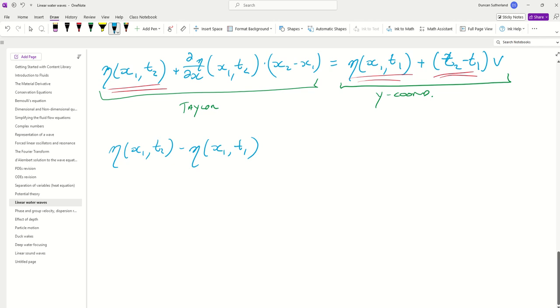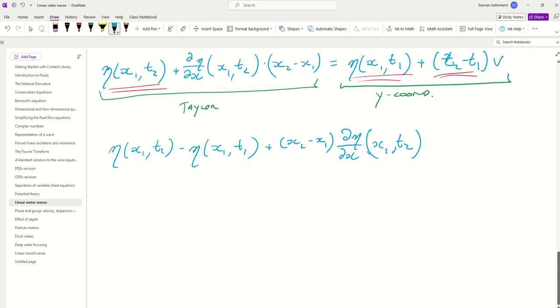So what we've got, you just take that over there, d eta/dx. Oops, let me write this slightly differently. I'm going to write this up here, x2 minus x1. Then I'm going to write the derivative, d eta/dx at (x1, t2).